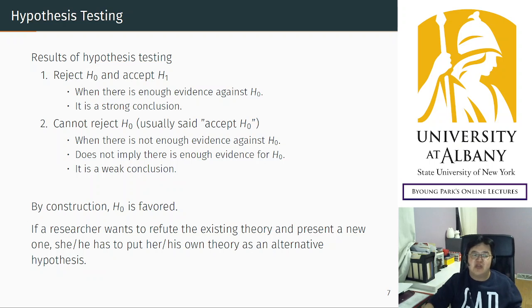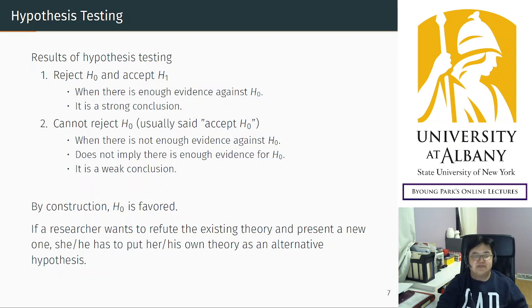So this is a more natural term. So I will try to use non-rejection, not rejecting H0. So two results are whether you reject the null hypothesis or not. If you reject the null hypothesis, automatically you are accepting the alternative hypothesis. And if you cannot reject the null hypothesis, then obviously the alternative hypothesis will be rejected, right?